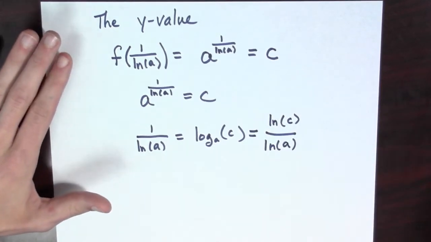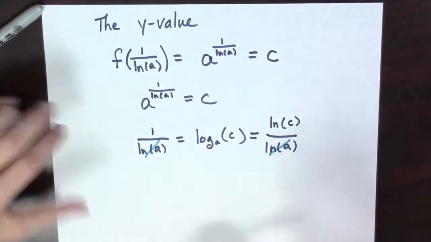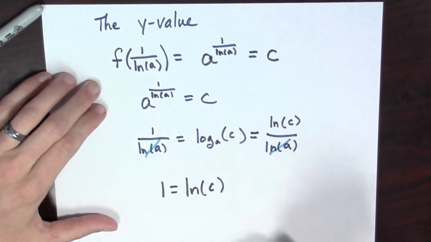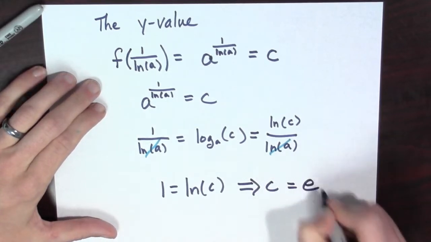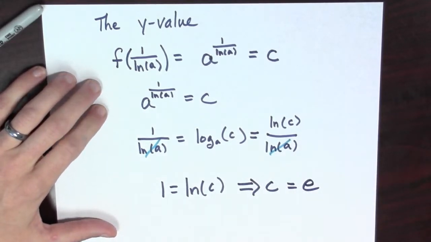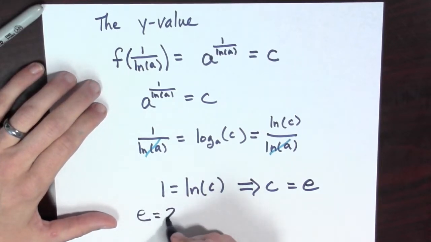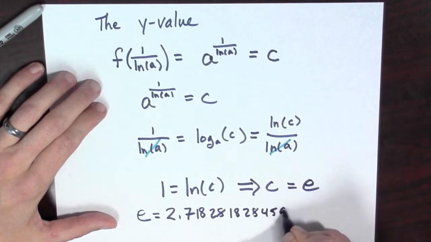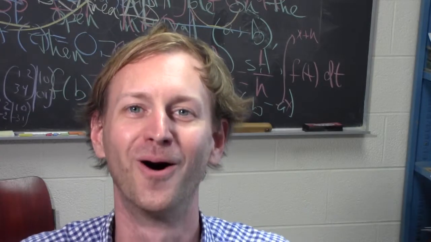Now I can cancel here and here, and I get 1 is equal to natural log of c. This tells me that c is equal to the number e, which is 2.718281828459045, and so on.